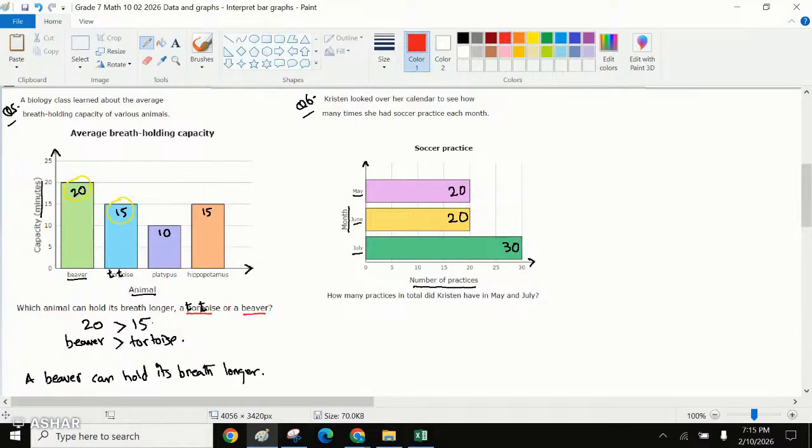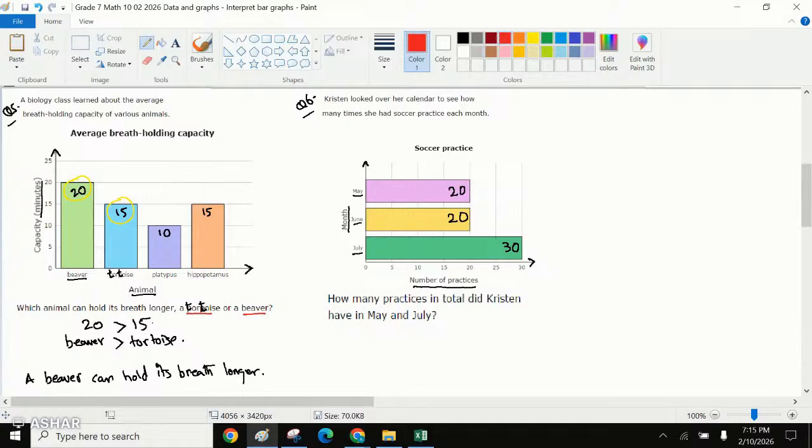So the question says, how many practices did she have altogether? Did Kristen have in May and July? We need to find the total sum of the practices, right?